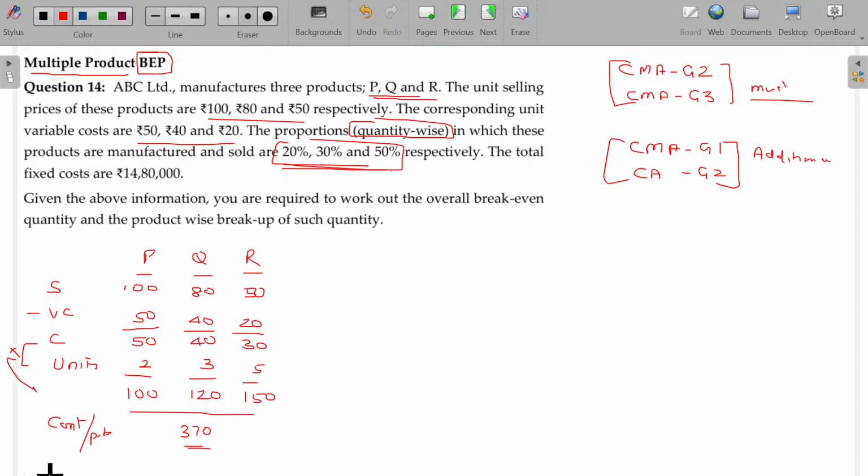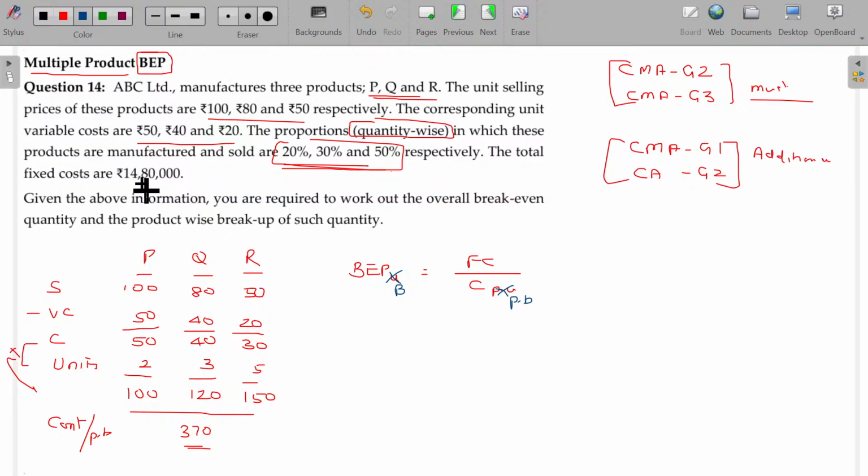Now to attain your break-even point, how many batches do you have to sell? So you know that BEP in units is equal to fixed cost divided by contribution per unit. But here I am going to replace the unit with batch: BEP per batch, contribution per batch.